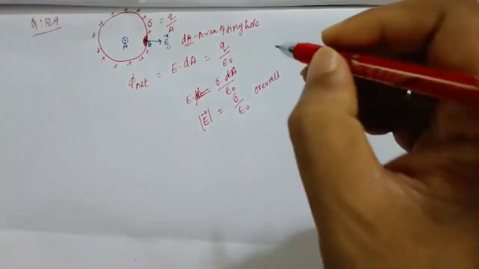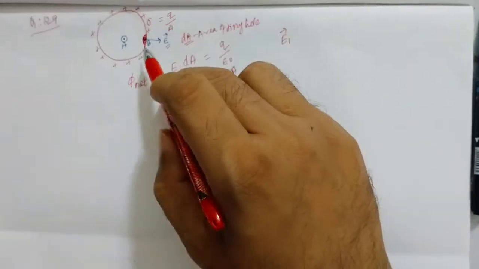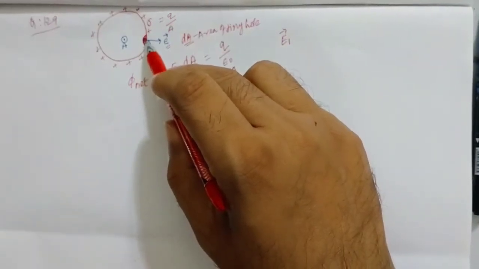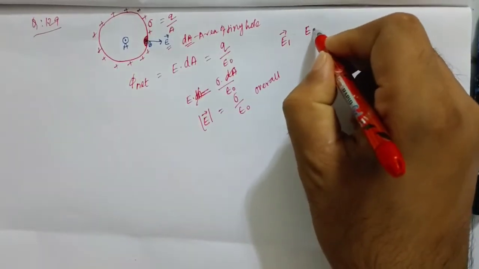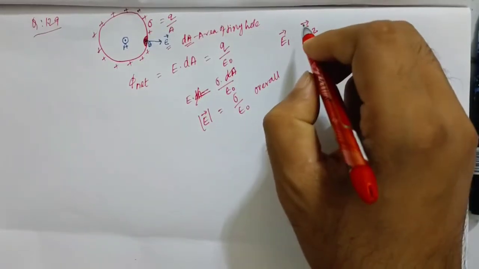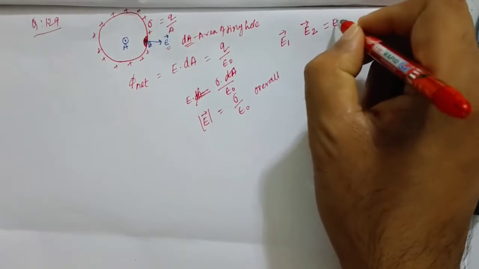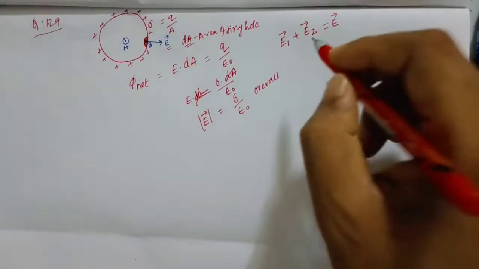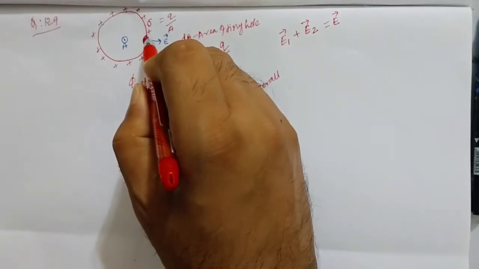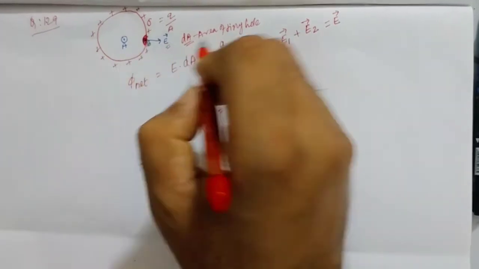Suppose this is E1, and the electrical field due to this tiny hole is E2, and E1 and E2 collectively will produce this overall electrical field. If you say it in vector form, this is also perpendicular to the surface.